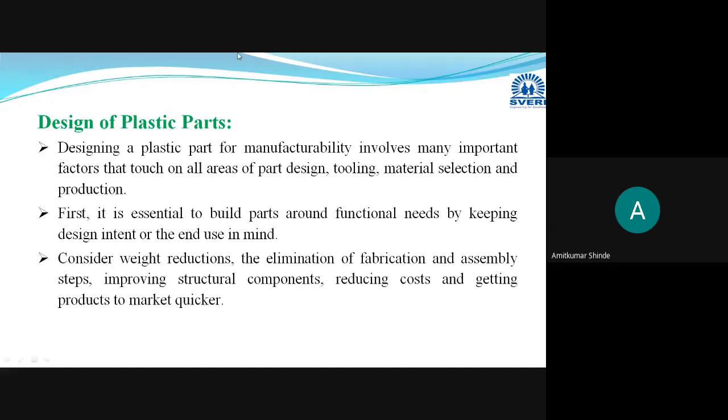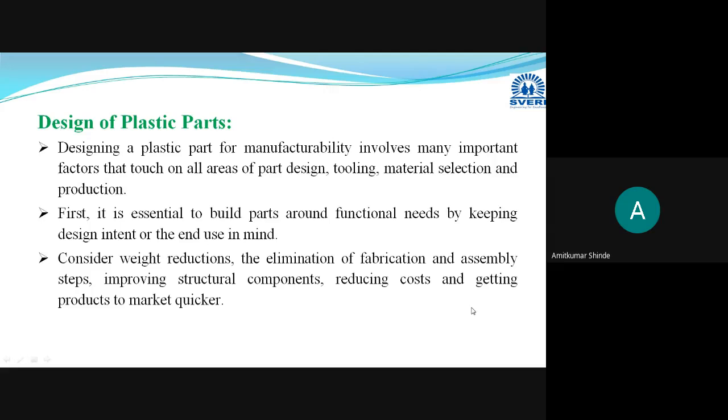That is mentioned here. While designing any plastic part, you have to consider that it should be possible to design the part with minimum weight, with elimination of fabrication processes or assembly steps, improving the structural components, and reducing the cost.